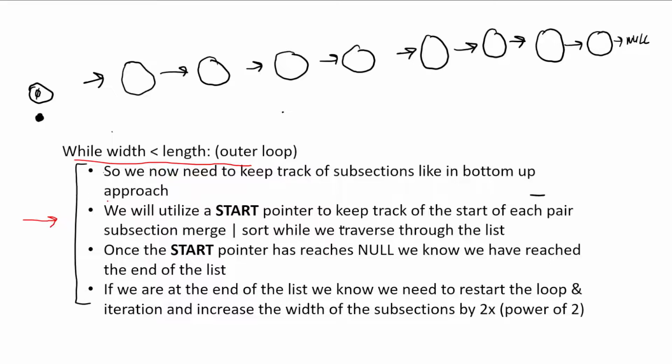So we will use a start pointer to keep track of the start of each pair of subsections between the merge and sort while we traverse through the list. Once the start pointer has reached null, we know we have reached the end of the list. If we are at the end of the list, then we need to restart the loop and iteration and increase the width of the subsections by 2 times, or the power of 2.